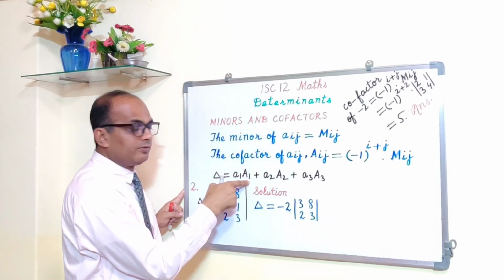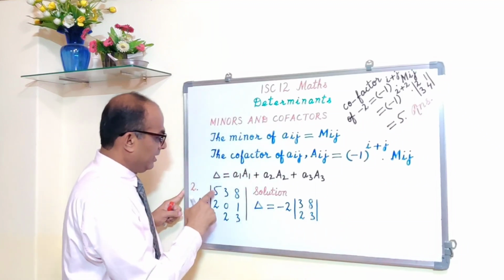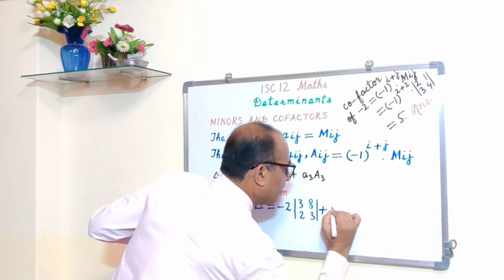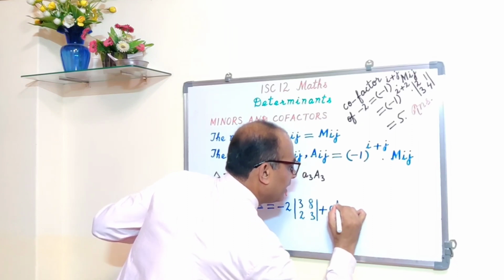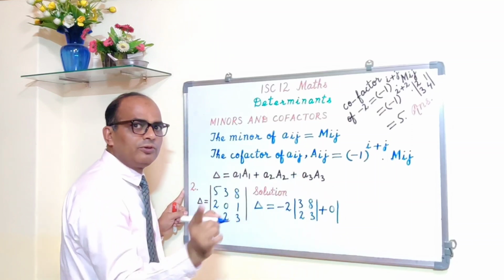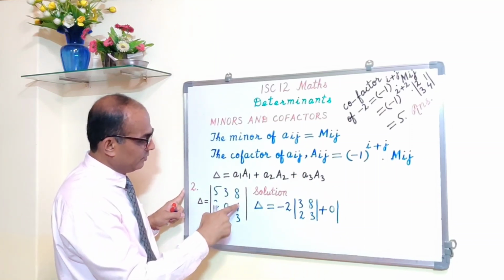A1, cofactor of A1. Now 0. So plus, minus, plus, minus, plus 0. Plus 0 and cofactor. Now see, because it is 0, everything will be 0, but still I am writing it.